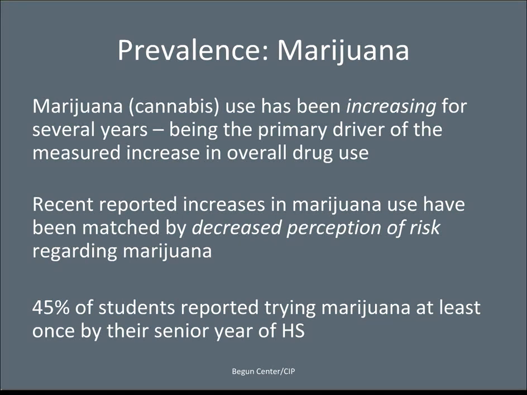So recent reported increases in marijuana use have been matched by decreased perception of risk regarding marijuana. And that one is very timely and topical, especially today. Today we have 2 states and the District of Columbia that are looking to legalize recreational marijuana use. There's already a couple of handfuls of states that have medical marijuana, 2 states that have recreational marijuana use approved already, and now 2 more today that are weighing whether or not to do that.